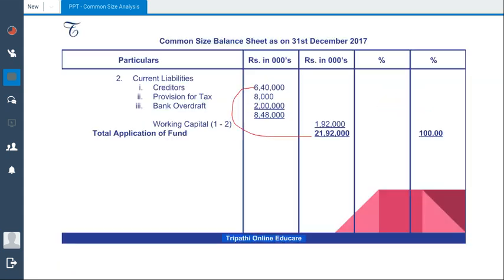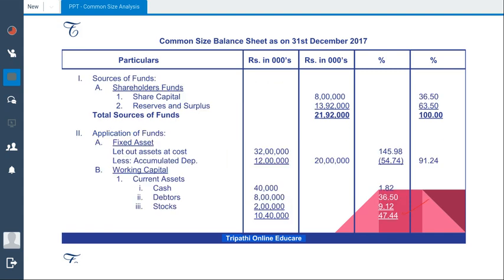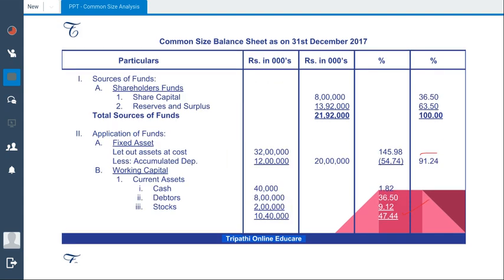And then we have 91.24% towards fixed asset. So the majority of the fund you have employed on fixed asset, because you can see 91.24% you have used for buying an asset, right?